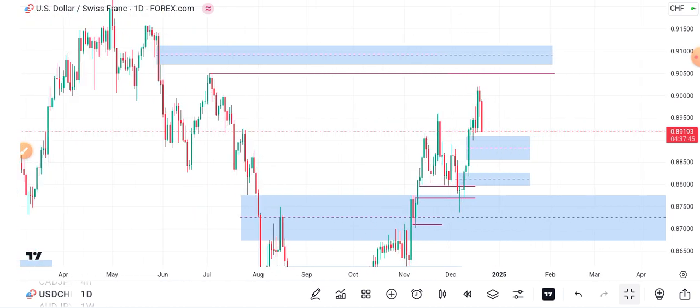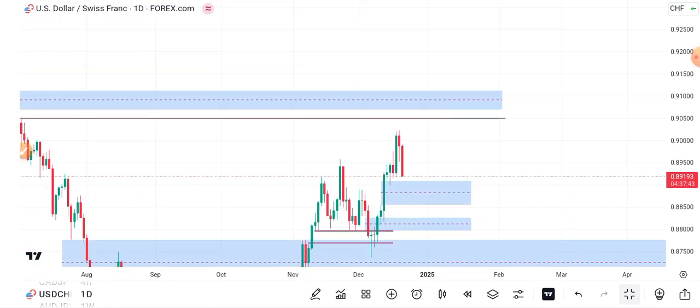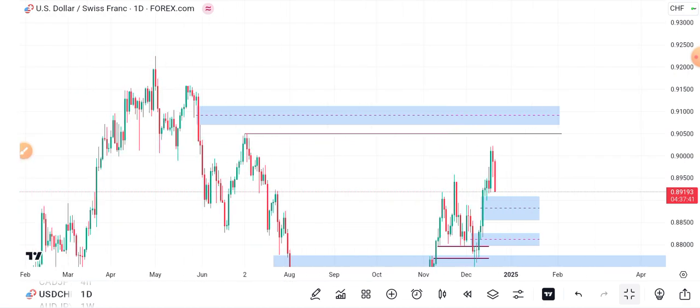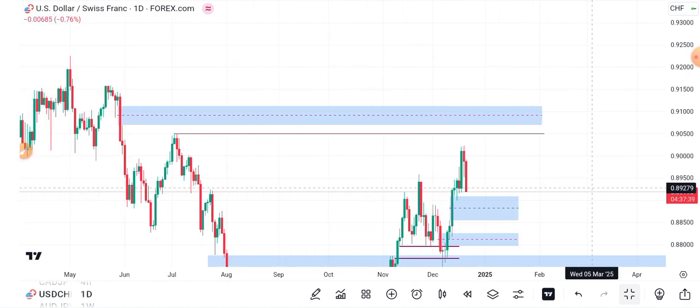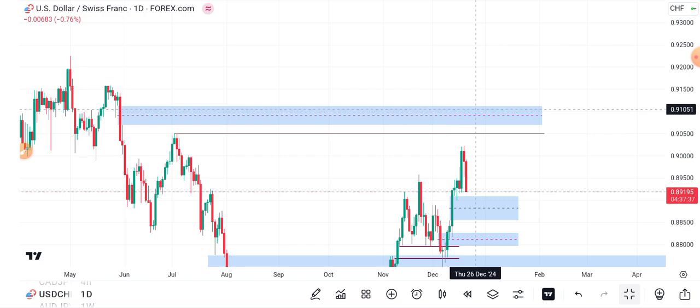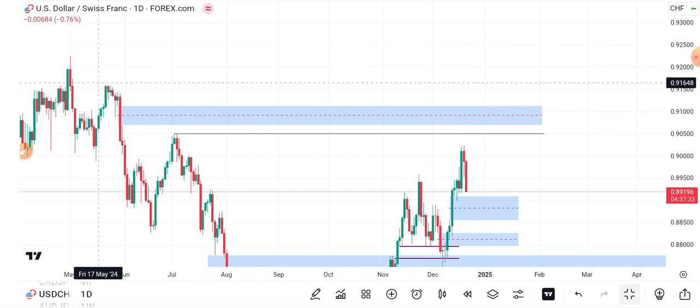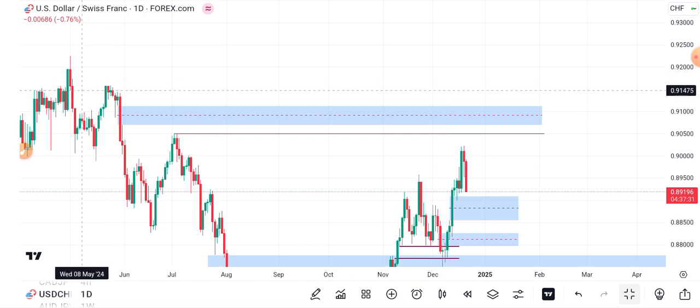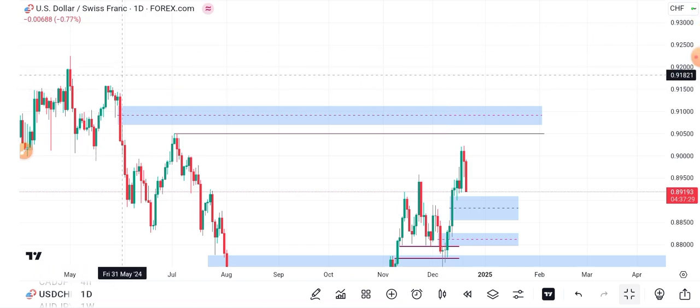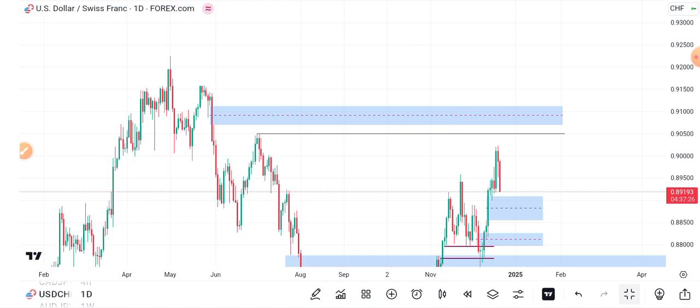So into next week, you'll be checking how price has done. If price trades above here, enters here, I want to see if it is able to enter into this high. These are liquidity areas, and into these highs. So if that should happen, it's a nice one.